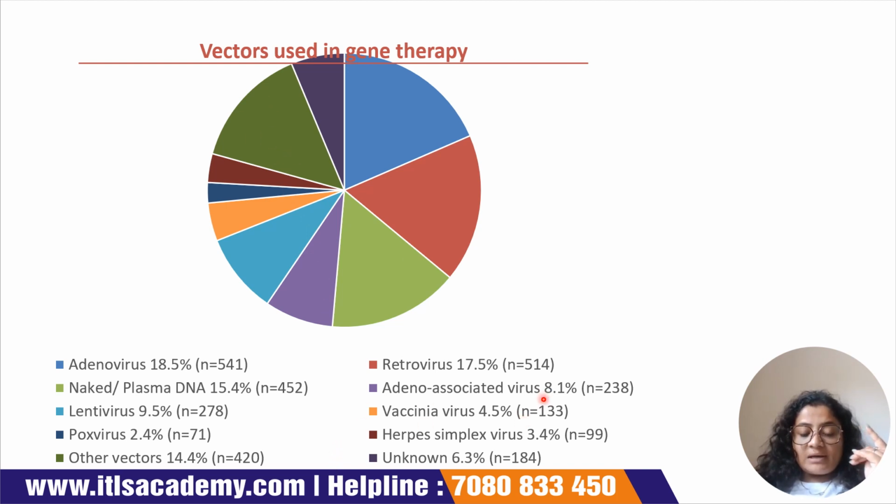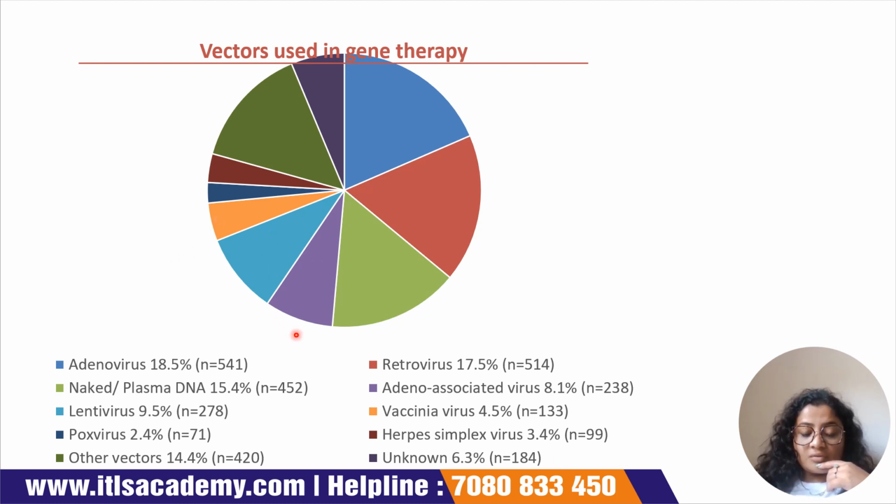Then we have retrovirus 17.5%, maroon, that means this shade of red. Then we have adeno-associated virus, that is AAV, 8.1%. I think it corresponds to this shade of violet. Then we have vaccinia virus 4.5%, this orangish shade.